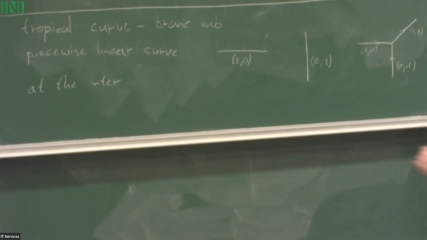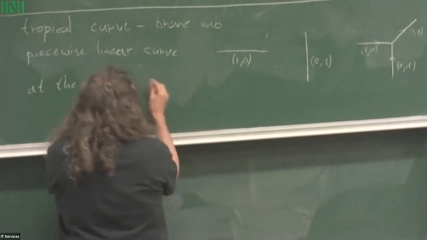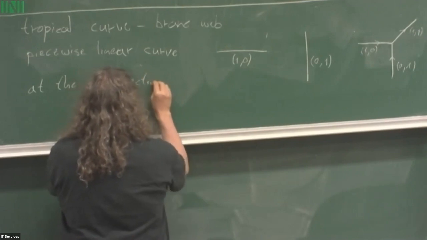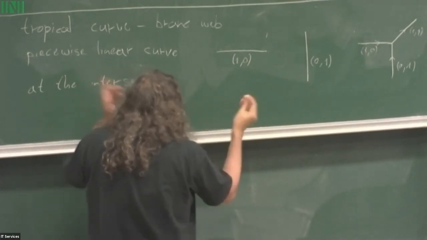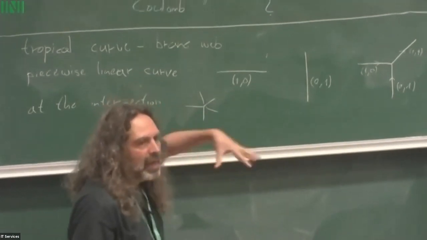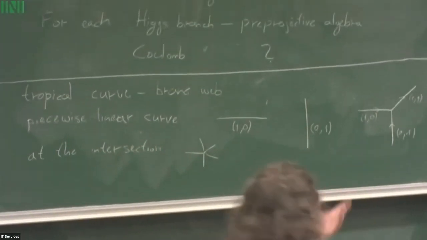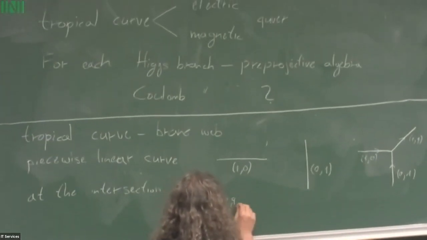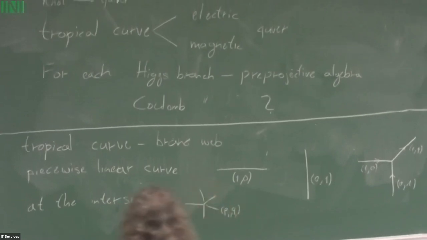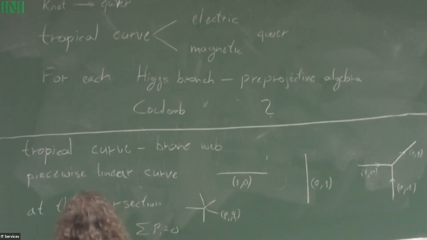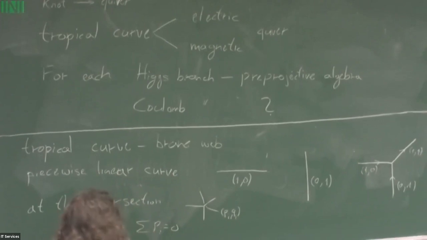Now, at the intersection, in principle, I could have many lines that can meet. Each one of them would have the set of those two integers, p_i and q_i, and I will just demand that the sum of p_i is 0 and the sum of q_i is 0.